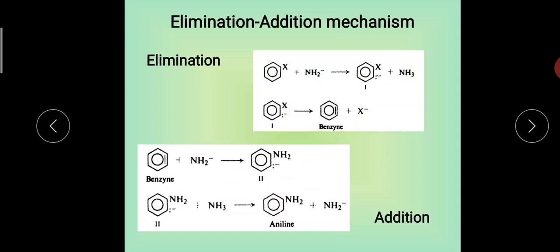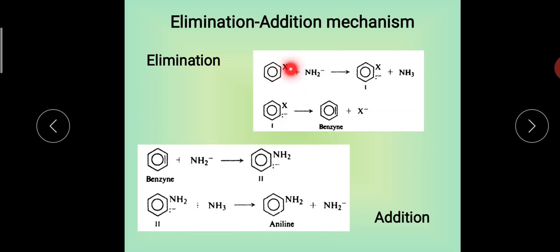Okay, so it is not as simple as we have seen. It's not just one step, but within the step there is something that is happening. Over here, elimination again comprises two steps. In the first step you would see that your nucleophile abstracts a proton which is ortho to your leaving group.